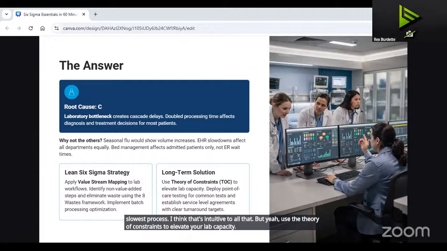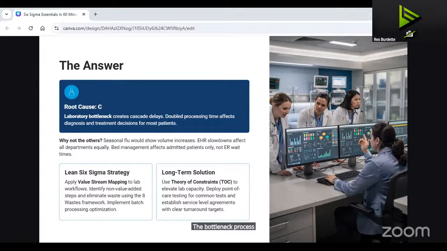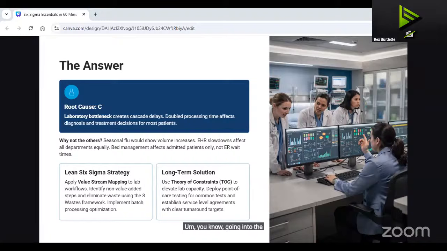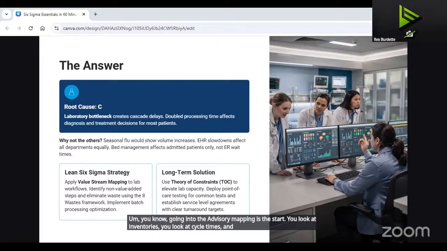You identify the bottleneck process, throw all your resources at improving it, get it down on the Pareto so it's not number one, and then you keep iteratively attacking the highest hitters. So that's a sound strategy. Value stream mapping is the start. You look at inventories and cycle times, and then long-term, you work on that bottleneck to improve throughput. I'm running out of time. Sorry. Next slide, Sweta.